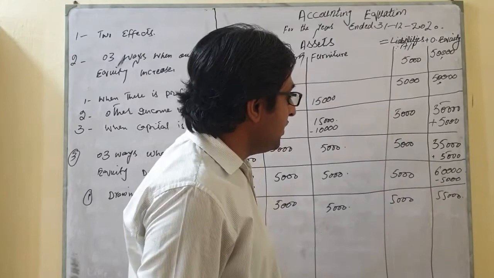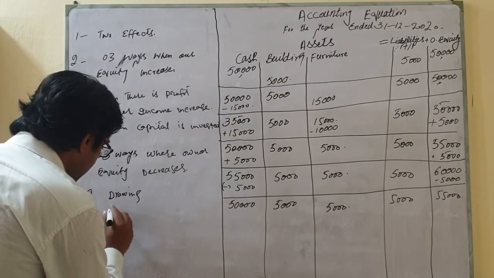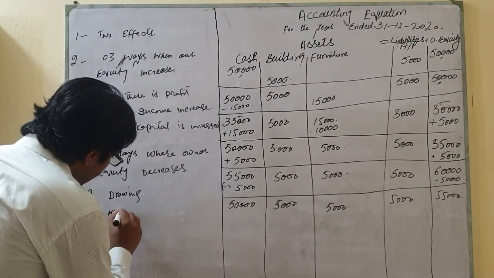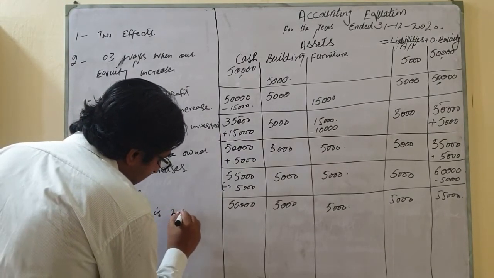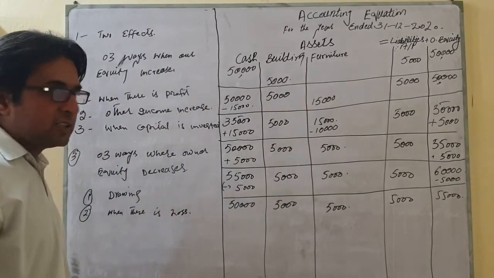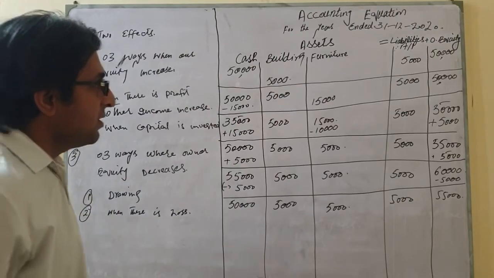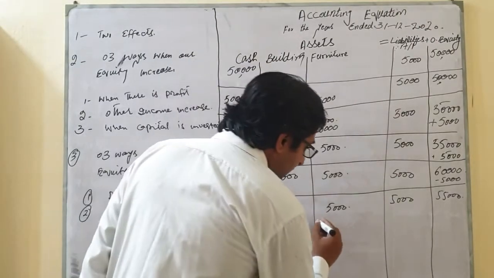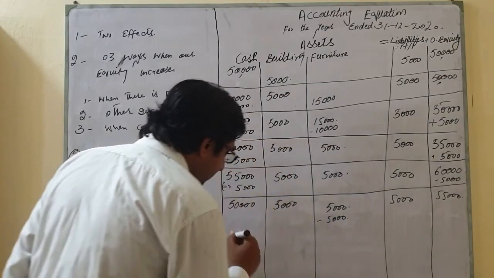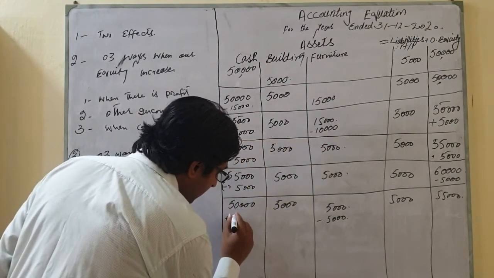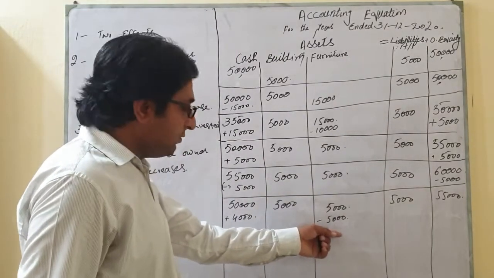Now we have got the point that in this situation, when owner withdrew cash for personal use, our owner equity has been decreased. The other situation, when there is a loss in business. If there is loss on any transaction, then our equity will decrease. For example, we have sold $5,000 furniture for $4,000. In this situation, cost was 5,000.